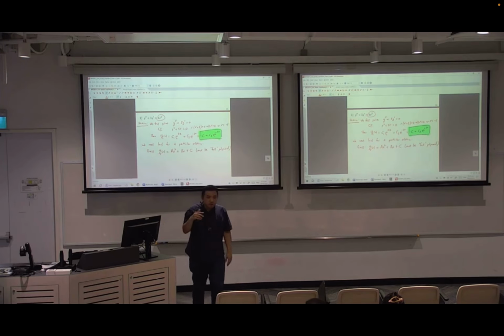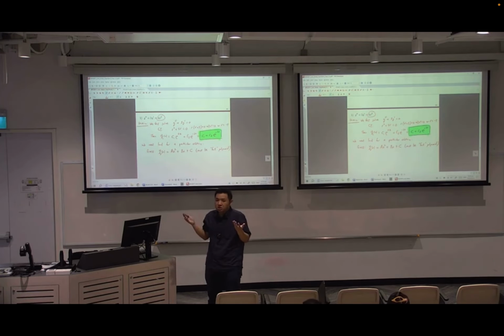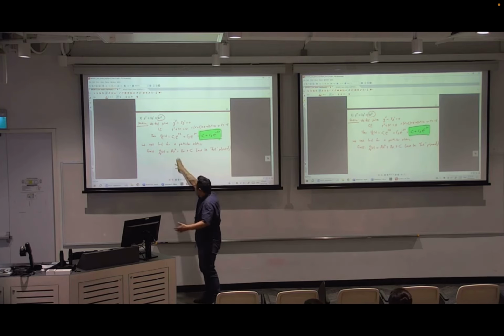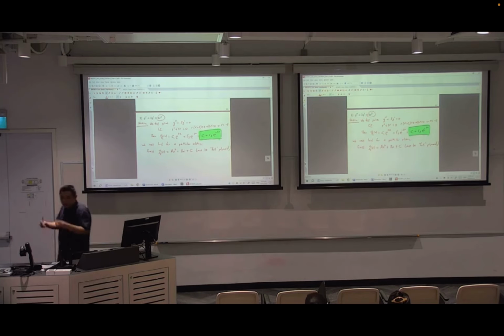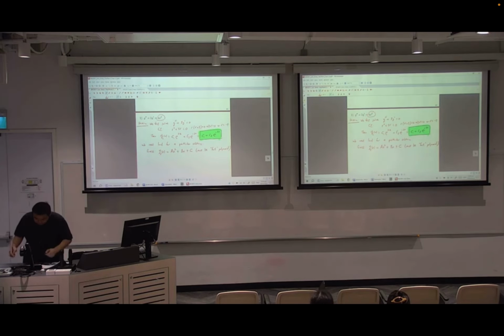Because of your y prime and y prime prime, the lower terms may have contribution as well. Although it doesn't show up on the right hand side, doesn't mean that it is not there. It could be that because of y prime, it disappears, embedded inside as something plus something or something minus something. So they don't end up on the right hand side, but they still have contribution. So it must be a full polynomial.